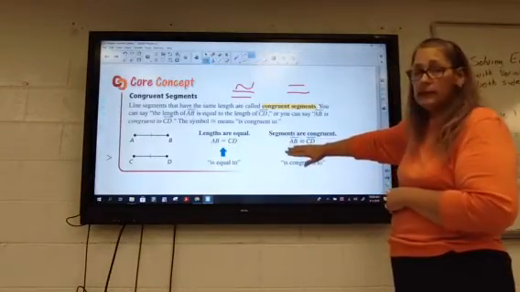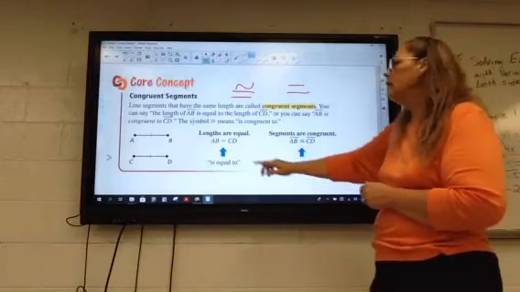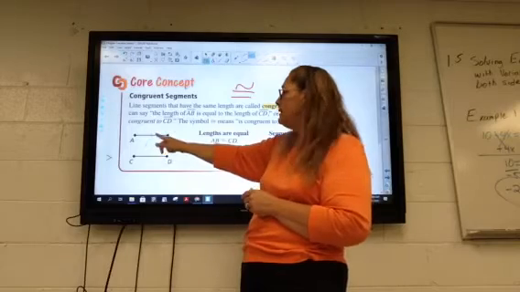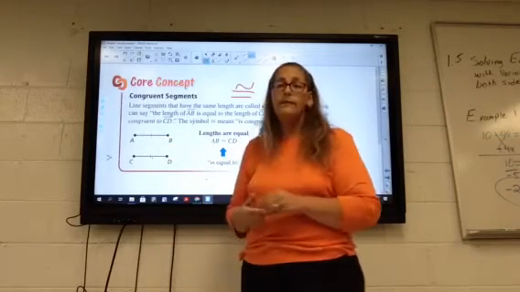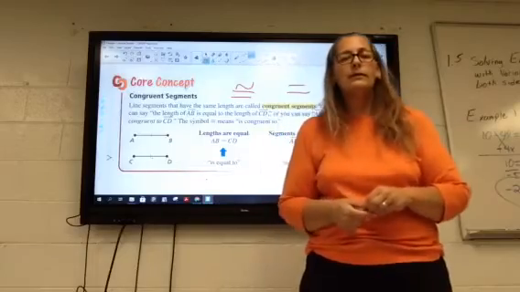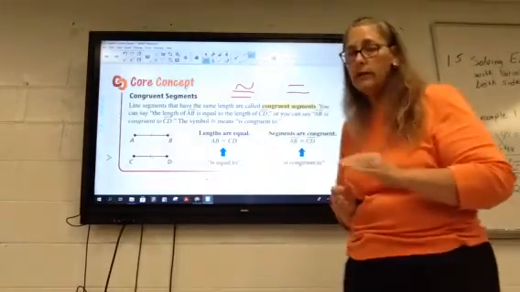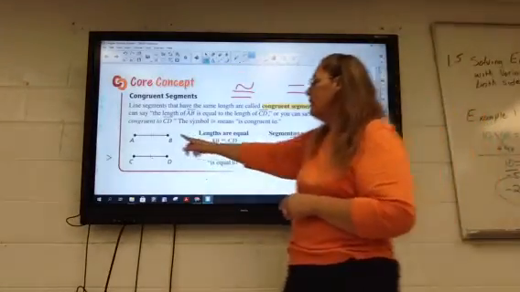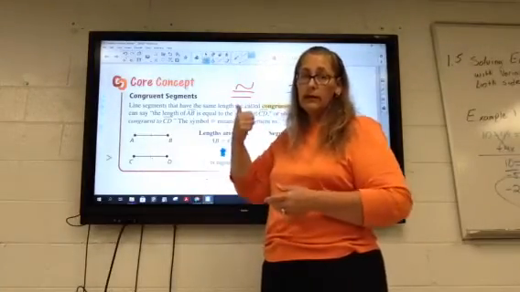Segments are congruent, geometric. This symbol means congruent to. When you look at the book, any book, you will see these little marks on the segment. The ones that have the same number of marks are the ones that are congruent. They're equal. So don't worry about what all that means. You just need to know this means that AB is equal to CD. Geometric, it's congruent.